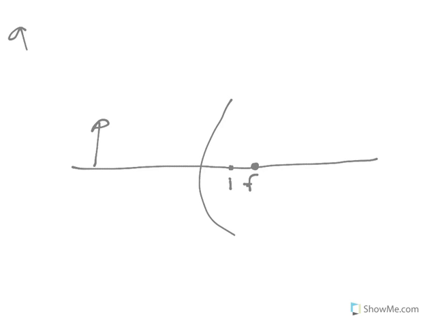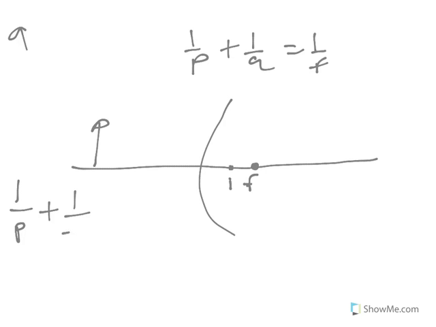The image, so we're looking for P. 1 over P plus 1 over Q equals 1 over F. So I'm looking for P, so 1 divided by P plus 1 divided by negative 12, because it's behind the mirror, equals 1 divided by negative 20.